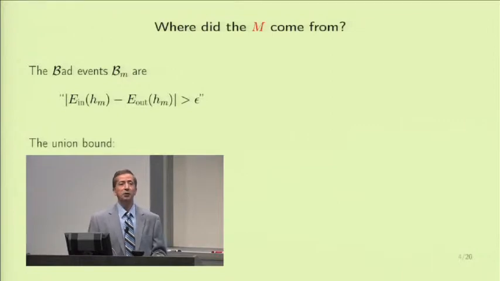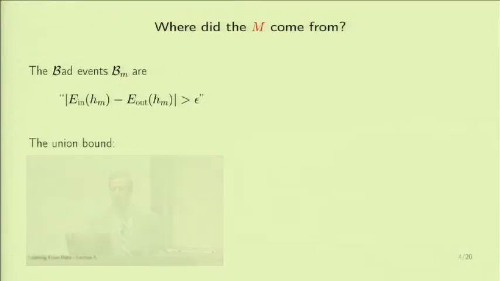Now, we applied the union bound, and we got the probability of several bad events. So this is the bad event for the first hypothesis. You can see here that there is a small m. Small m is 1, 2, 3, 4, up to capital M. So there are capital M hypotheses that I'm talking about.